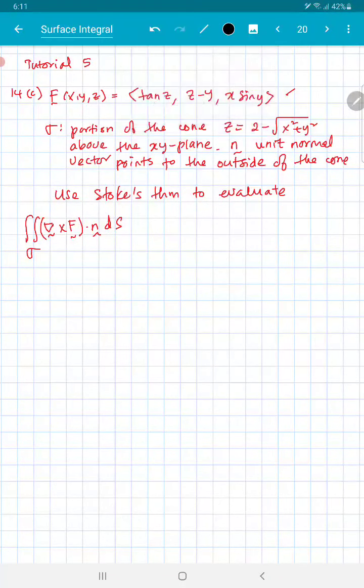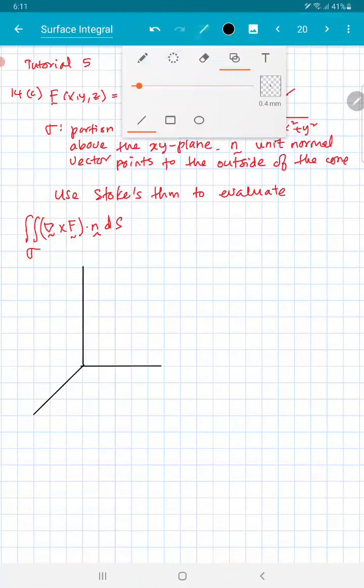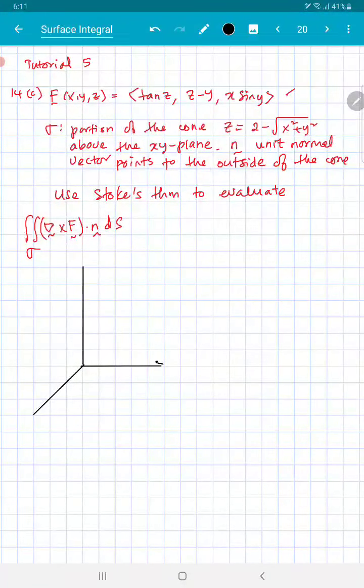Here we have the xyz space, with the y-axis, x-axis, and z-axis. So this is our surface, which is z equals 2 minus the square root of x squared plus y squared.